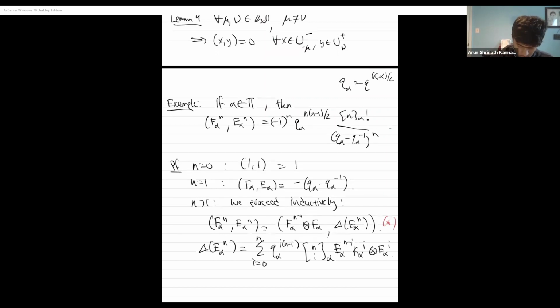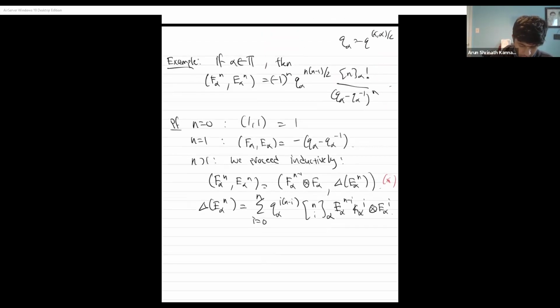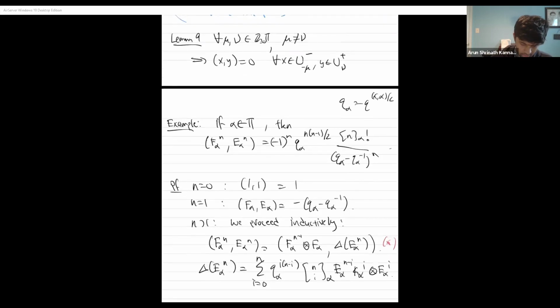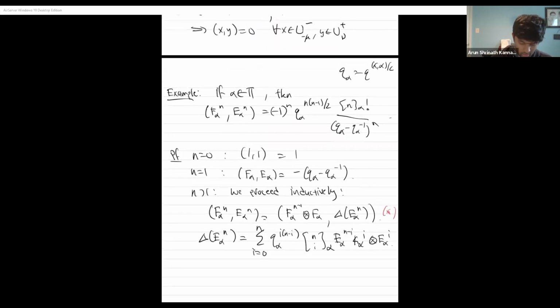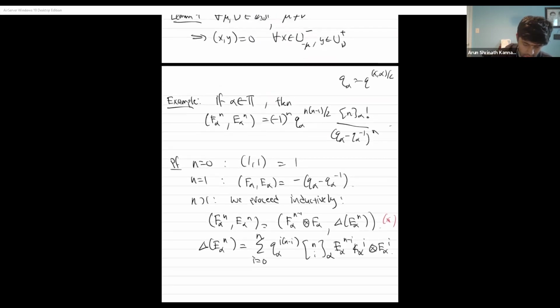Okay, so now we can apply this lemma 9 here. And what we notice is that the degree of this has to match the degree of this, and the degree of this should match the degree of this. So by inspection, you can just see that only the i equals 1 term will contribute anything.